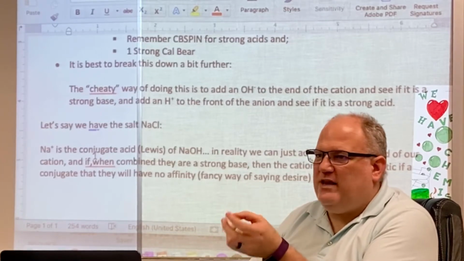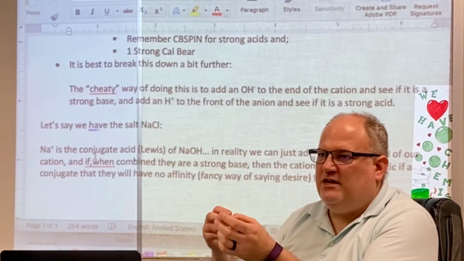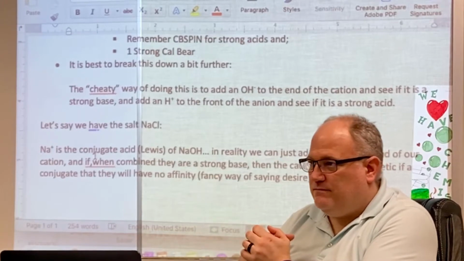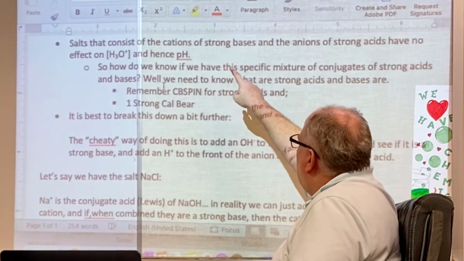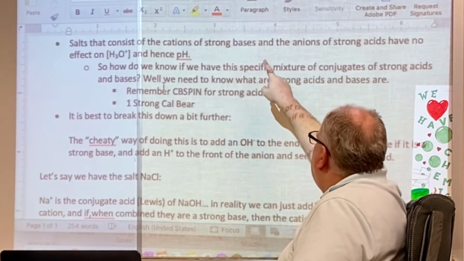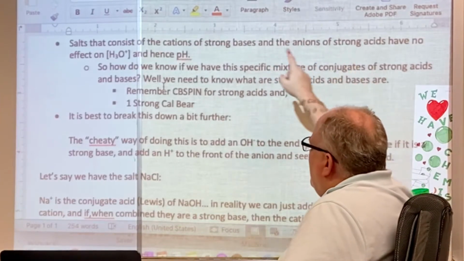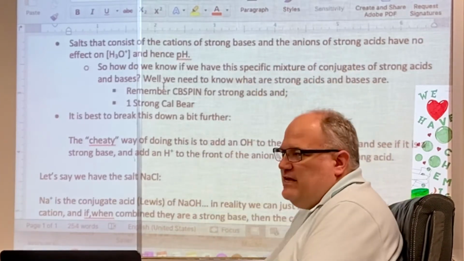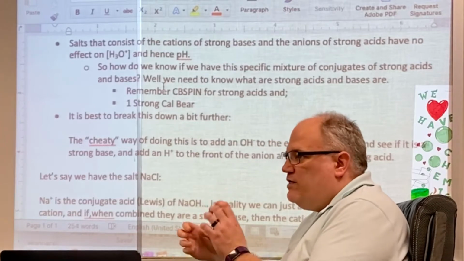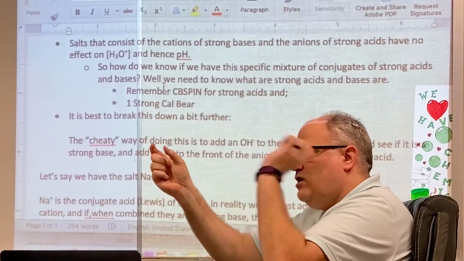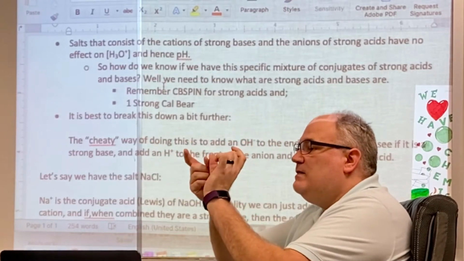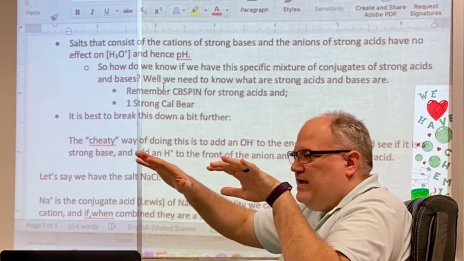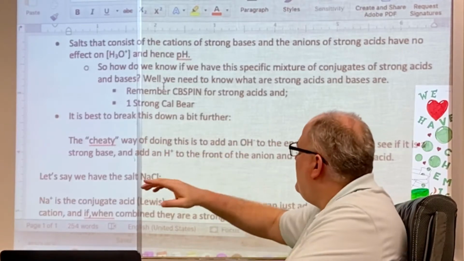It's not going to be able to do anything. It's not going to be able to grab OH minuses or do anything to reform NaOH. Agree? Salts that have cations of strong bases and anions of strong acids have no effect on H3O plus and hence pH. So if I know that I have a conjugate of a strong acid and a conjugate of a strong base together, they will have no effect on pH whatsoever. No effect on H plus.